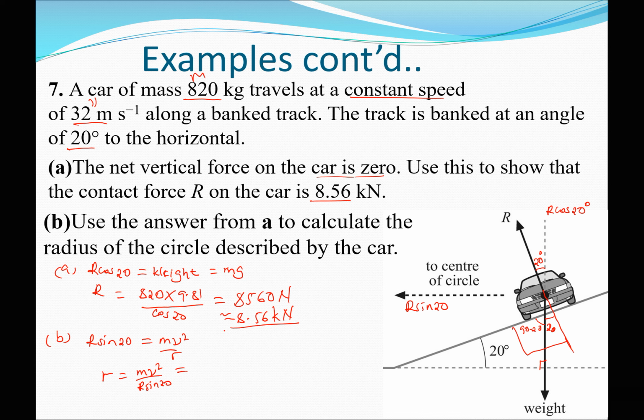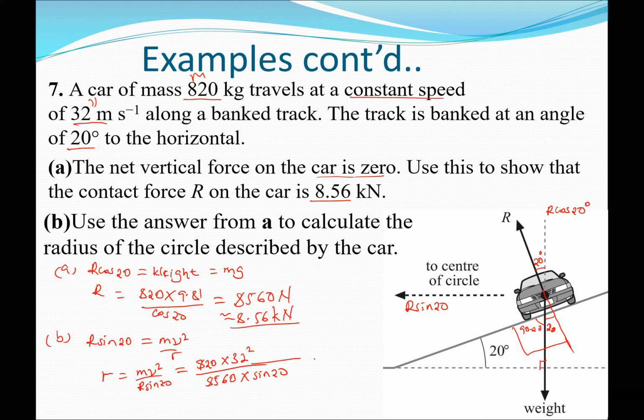So this is going to be mv squared, which is 820 times v squared, which is 32 squared, divided by R, which is 8560, times sine of 20.